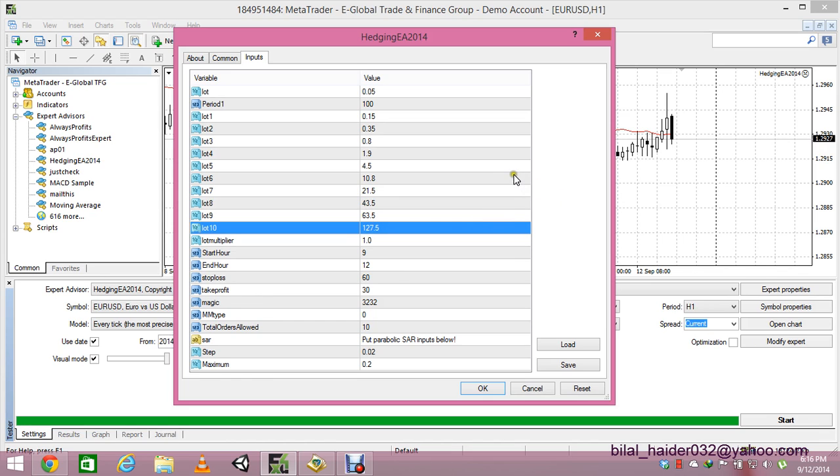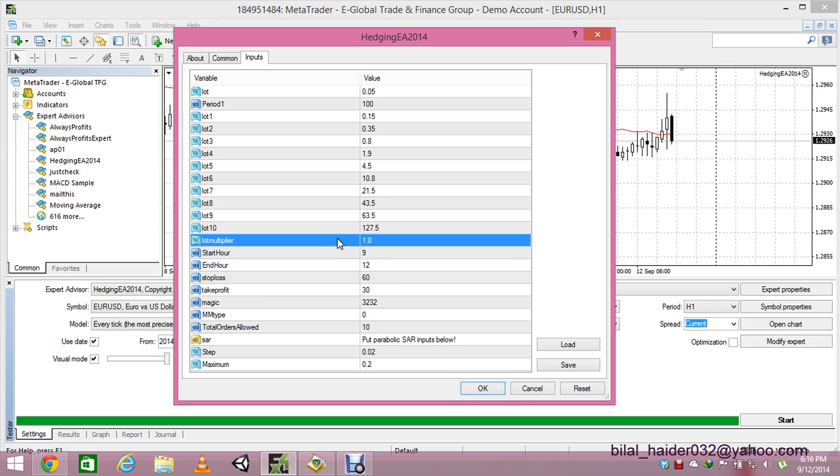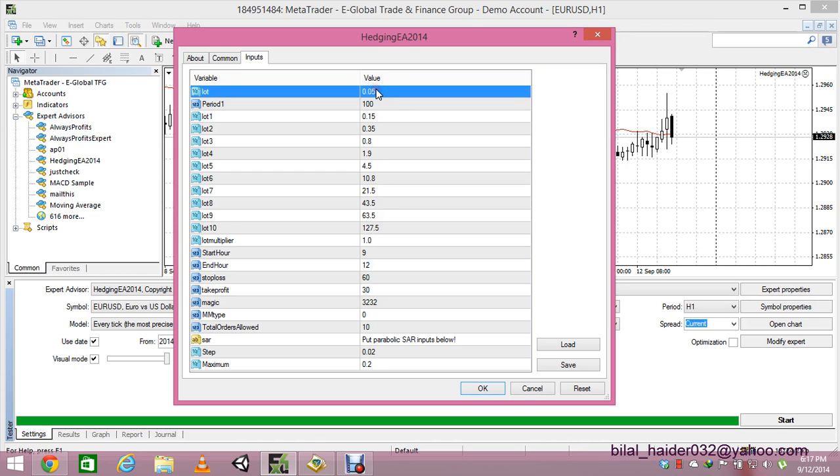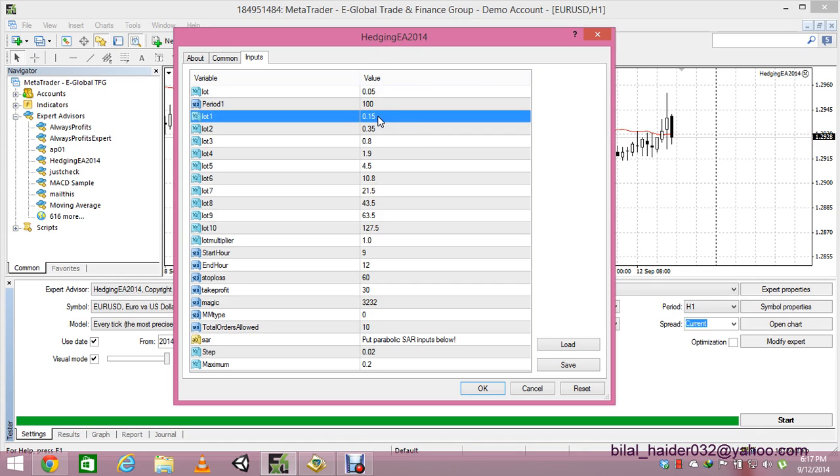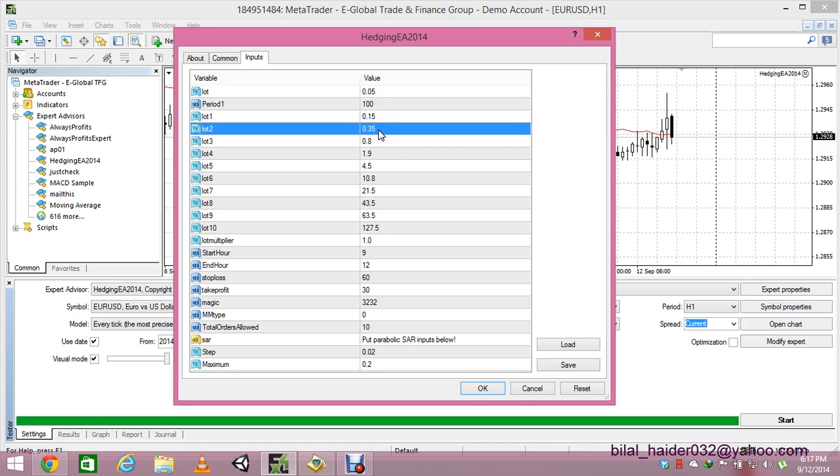Now this variable you can see here, the lot multiplier, is a new improvement made to the expert advisor. This lot multiplier is now 1. That means these lots will be the same as they appear in front of you. But if you make it 2, then all the lots will be multiplied by 2. So this will become 0.1, this will become 0.3, this will become 0.7 and so on.